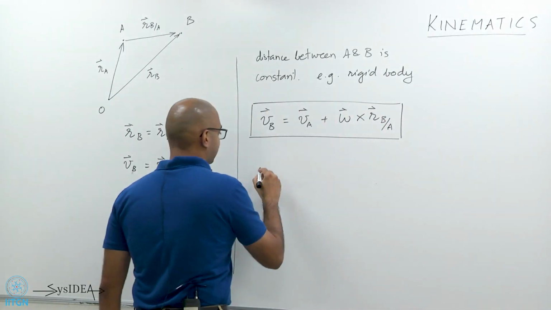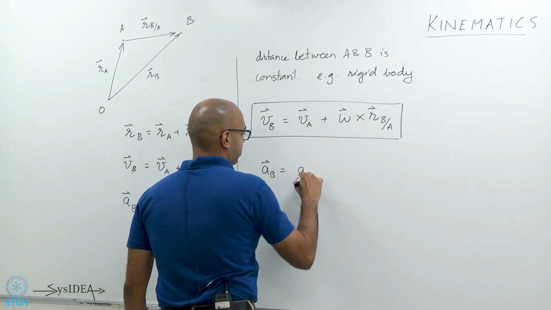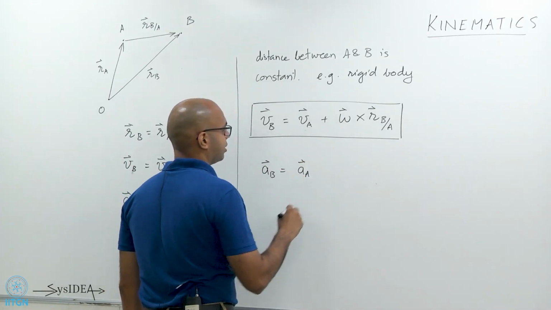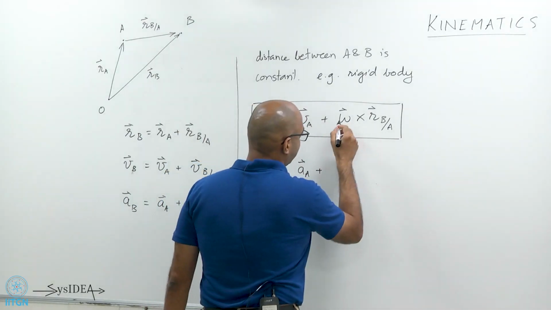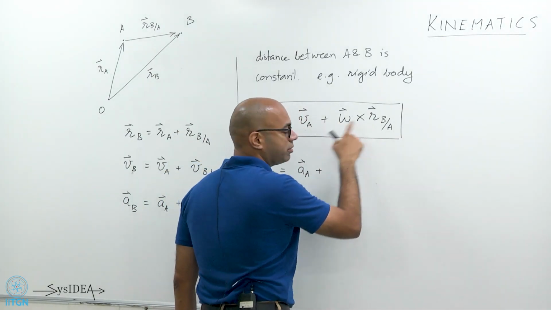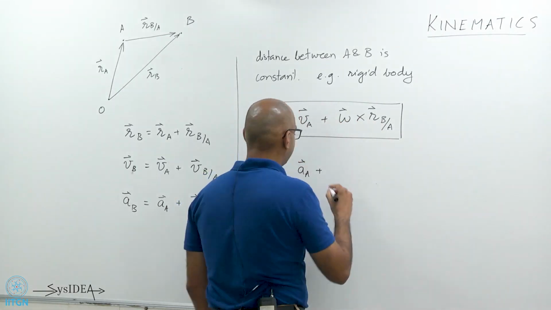Now, I can differentiate this again and I would get acceleration is equal to acceleration of A. Here, I can again use product rule where I will get derivative of the first term cross with the second term plus the first term cross with the derivative of the second term.